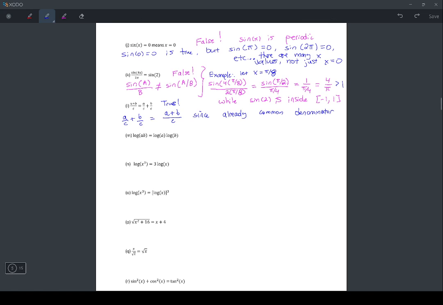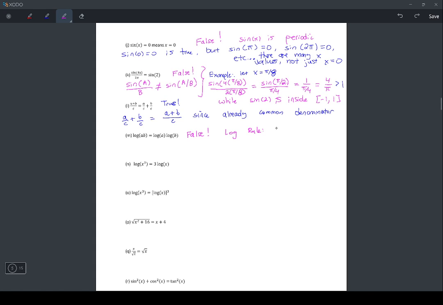Okay, question M. True or false that log of A times B is log of A times log of B? Well, this is definitely false because we have a log property that is different than this. The log rule from a grade 12 functions course or algebra 2, or it's called different things in different school systems.